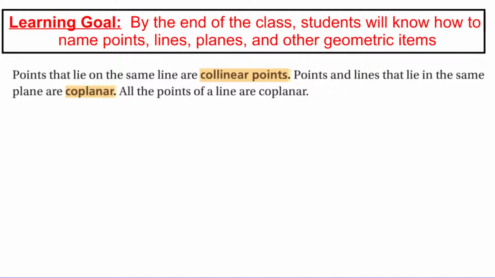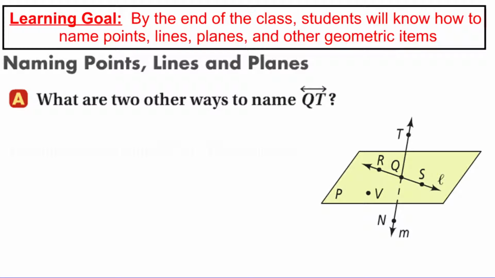That's our way of describing things that lie on a line, or things that lie in a plane. If I was talking about things that did not lie on a line or a plane, I would just put the prefix non in front of it. I would say non-collinear or non-coplanar to describe things that are not in a straight line or not on the same plane. Okay, so let's take a look at a picture.